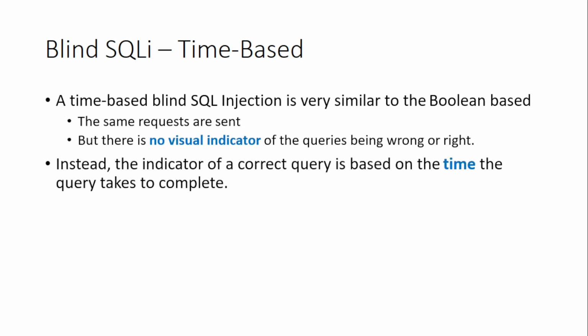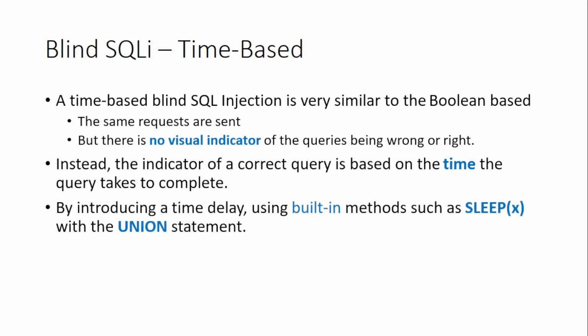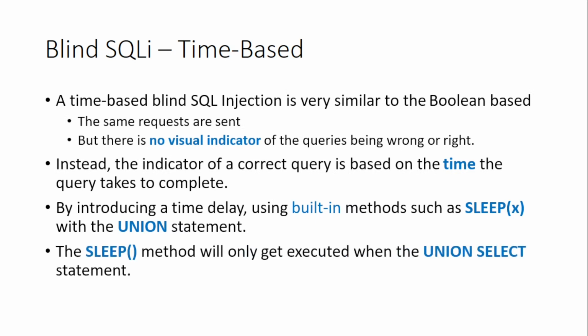Instead, the indicator of a correct query is based on the time the query takes to complete. By introducing a time delay using built-in methods such as sleep with the union statement, the sleep method will only get executed when the union select statement is successful.